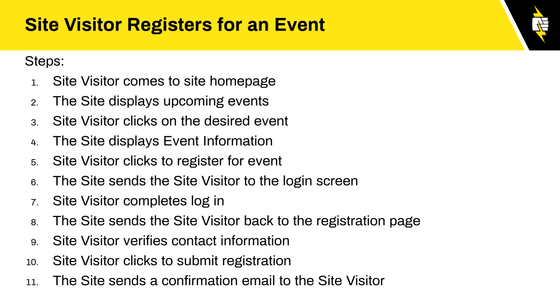Ideally, they would have a basic wireframe already started, and they would say, okay, well, we know they're going to come to the home page, and they're going to see upcoming events. Well, let's figure out the prominence of that. Where is that going to be on there?